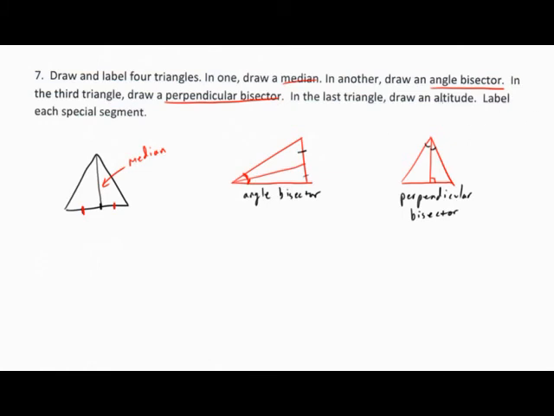In the last triangle, draw an altitude and label each special segment. So the last triangle, an altitude would be when I'm dropping the 90 degrees. I'm not saying anything about the perpendicular bisector, so if I made another weird triangle, where I would want to drop this.